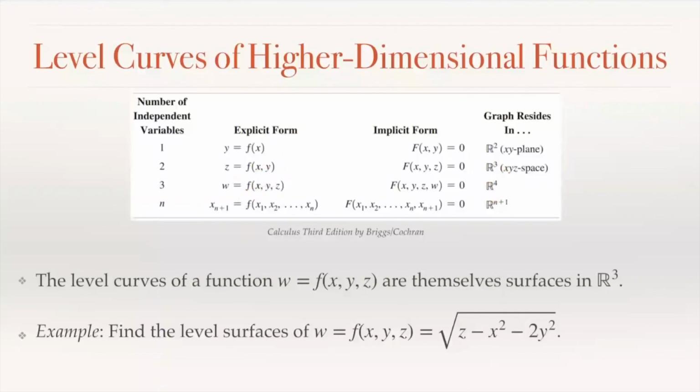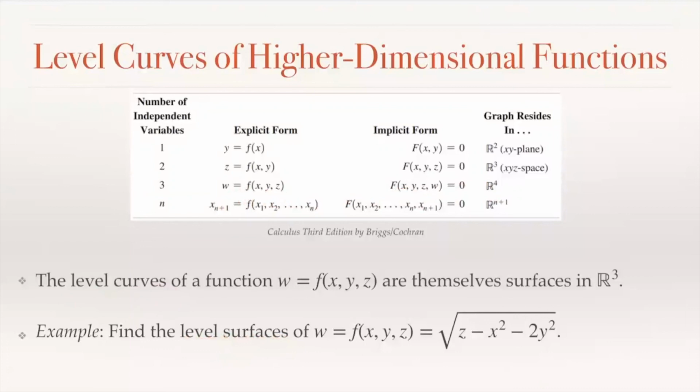They have an output in the 4th dimension, which we usually call W as the coordinate name. And they are naturally almost impossible to really visualize, since we cannot visualize 4 dimensions, but we can still see what their level surfaces look like. So the word level surface is just the higher dimensional analog of level curve.